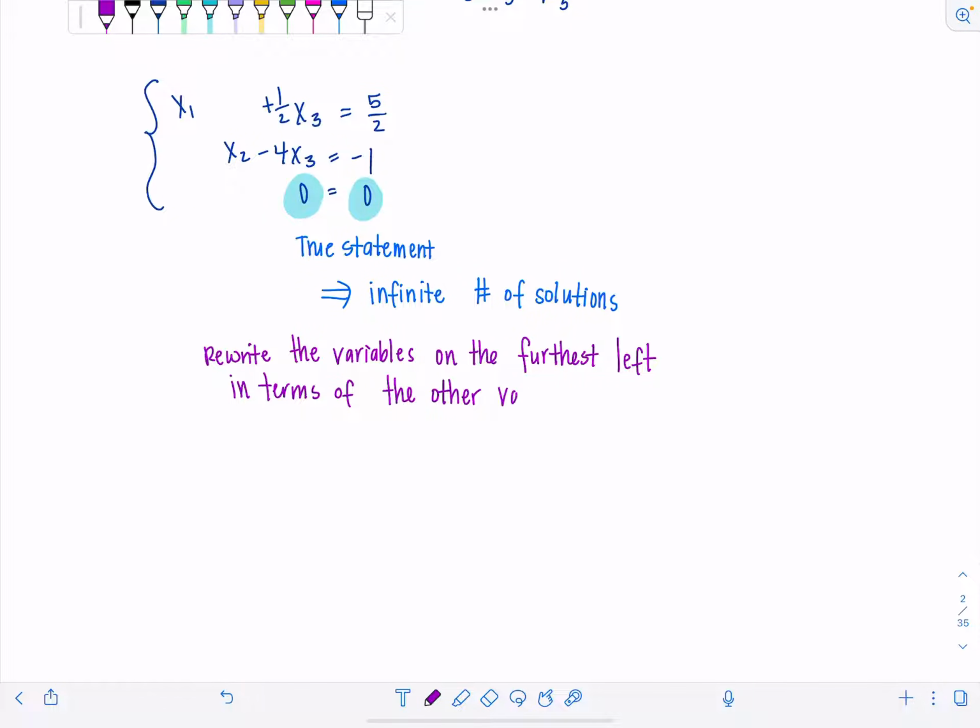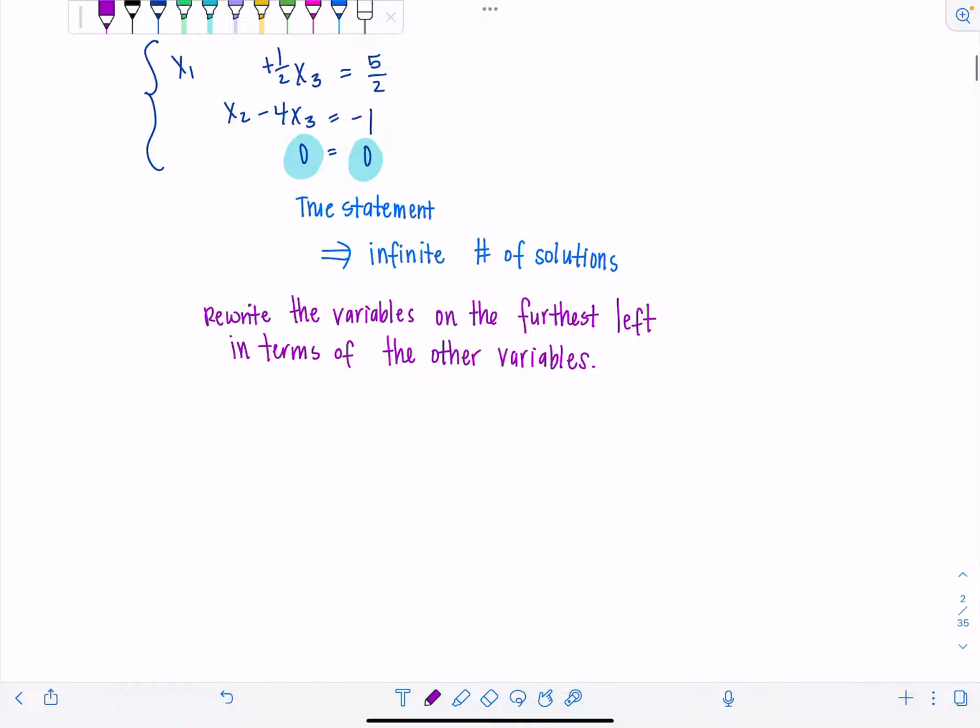So I'll show you what I mean by that. So which variable is on the furthest left in that first row? It's x1. So I'm going to solve or isolate x1 in terms of, it looks like x3. So x1 is equal to -1/2 x3 plus 5/2.